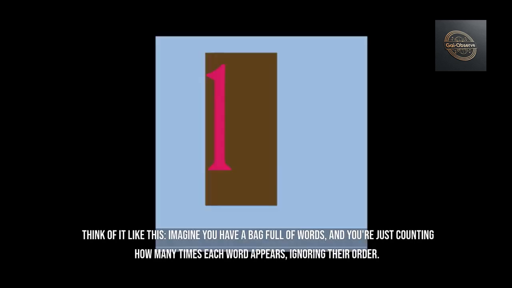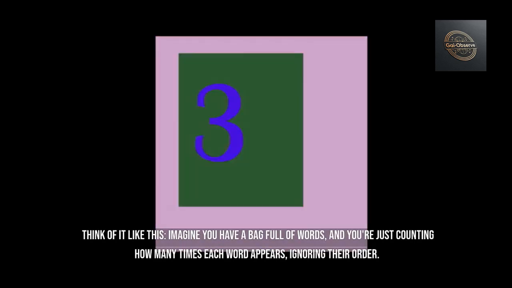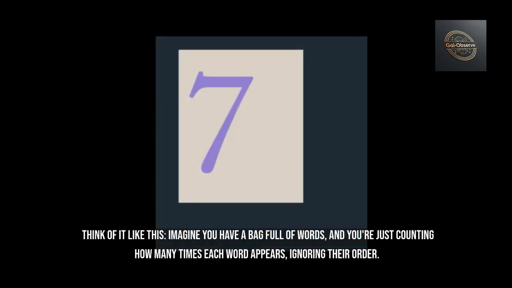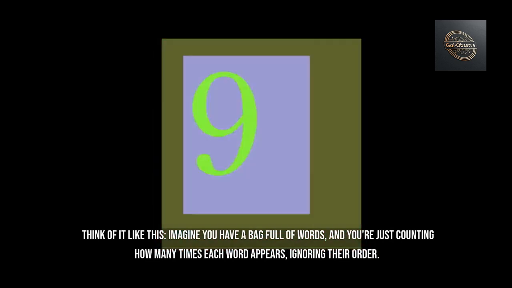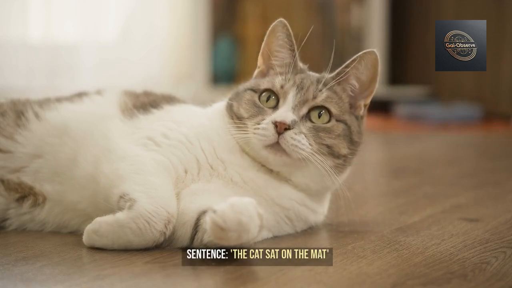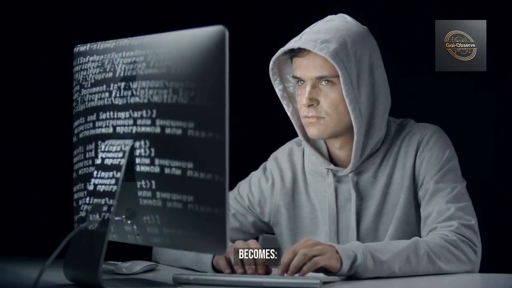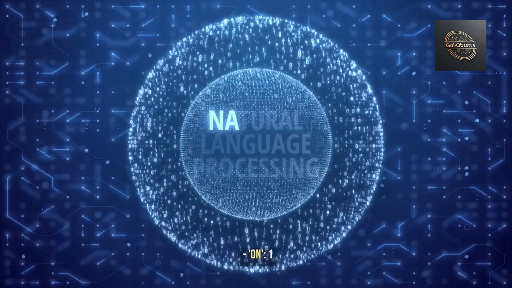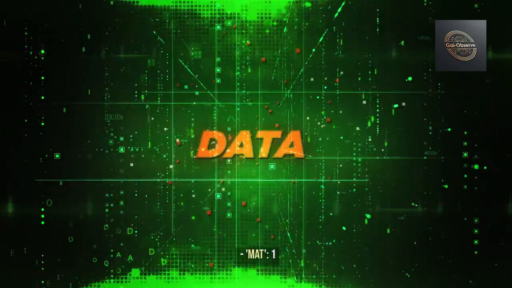Think of it like this. Imagine you have a bag full of words, and you're just counting how many times each word appears, ignoring their order. Let's try an example. Sentence: The cat sat on the mat. Becomes: the 2, cat 1, sat 1, on 1, mat 1.